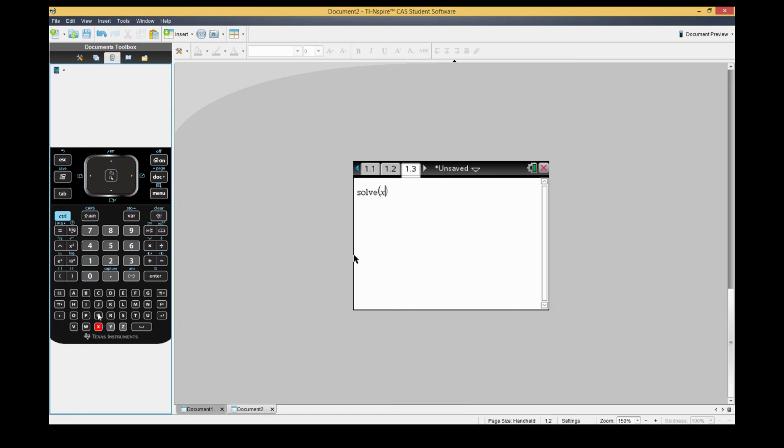So it's x raised to the power 3, negative 2x squared plus 1 is equal to 0, and we want to find the x values.